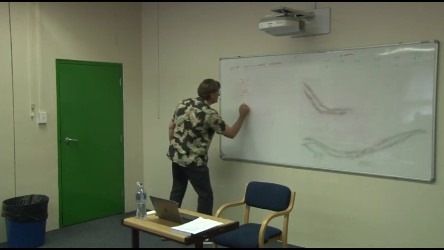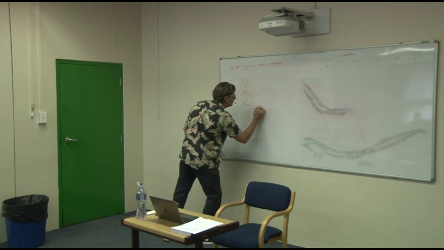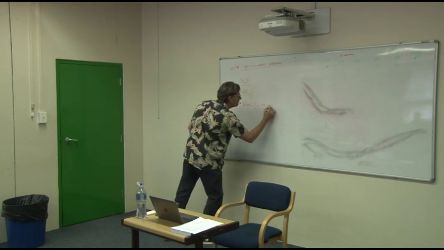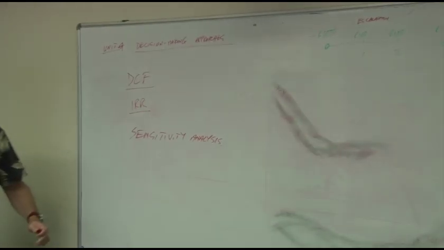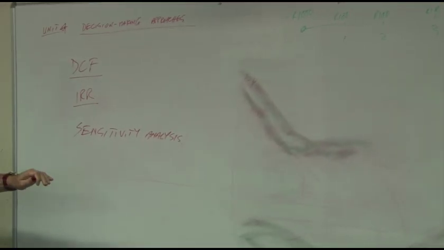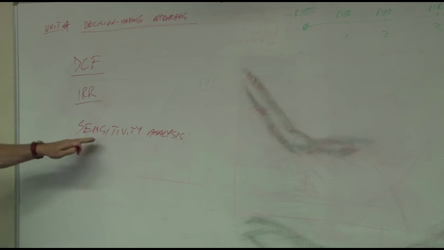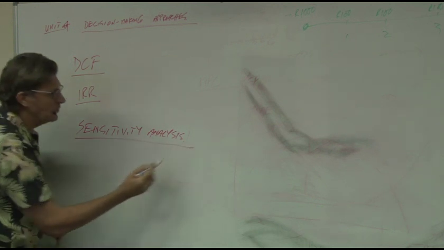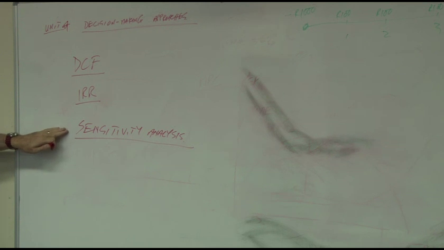And one is sensitivity analysis. Because it's low on the chart there, doesn't mean it's not a very accurate or a very important type of analysis. It is very, very good. Generally you do a discounted cash flow analysis, and then you do some sensitivity analyses on top of that.